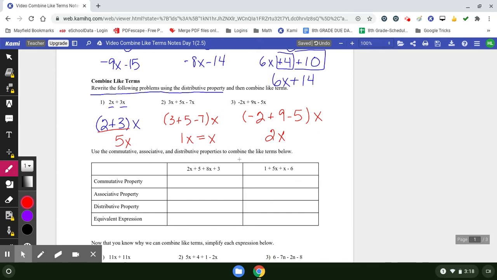So now we are going to use the commutative, the associative, and the distributive property to combine like terms in these two problems in the table. So for the first one, I'm going to use the commutative property, which says I can switch the order in addition. So I'm going to switch those two and rewrite this.